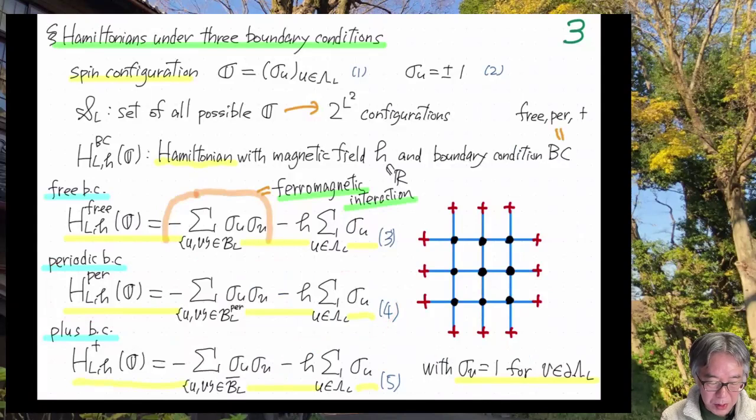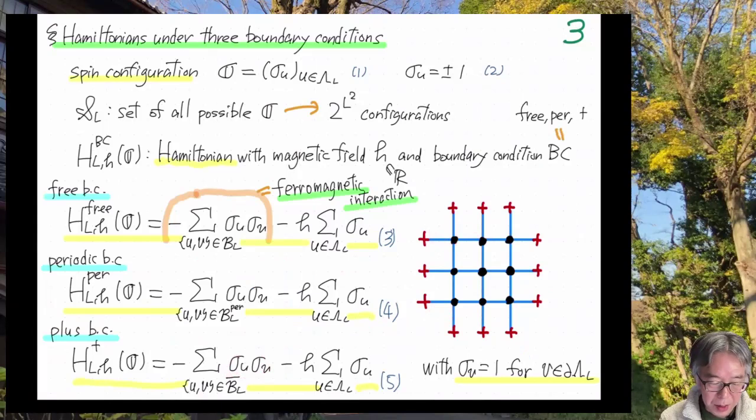And this is a plus boundary condition. Now, in this case, we have a sum over all bonds that belong to B bar. These blue lines represent bonds in B bar. And again, we have the same interaction. But we have to be careful.